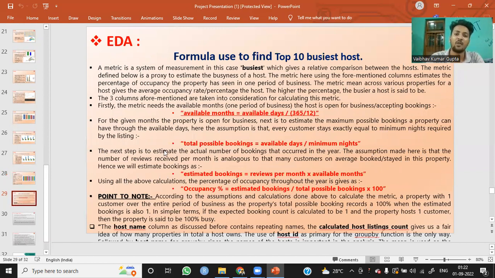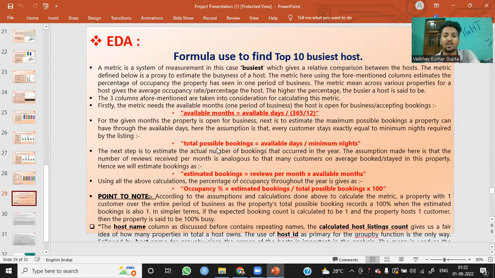First, I have calculated the available months by converting the available days, dividing the available days by 365 by 12. And similarly, I have tried to get the total possible bookings using available days divided by minimum nights.